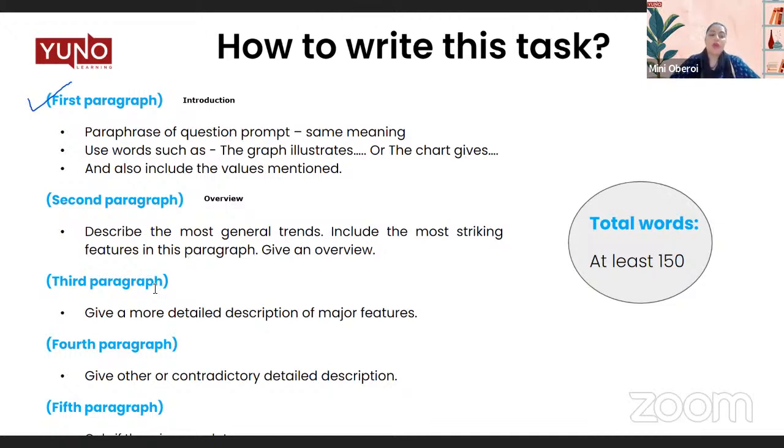After this, when we move on to the third paragraph, we will give details for the first map here, right? And then the details for the second map should be given in the fourth paragraph.